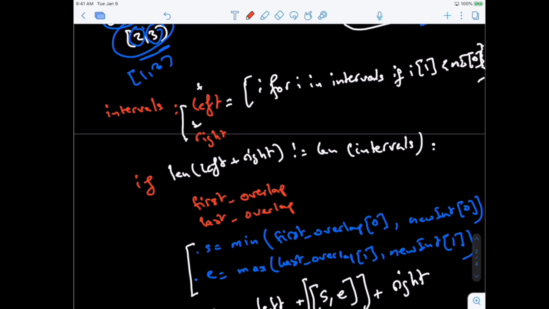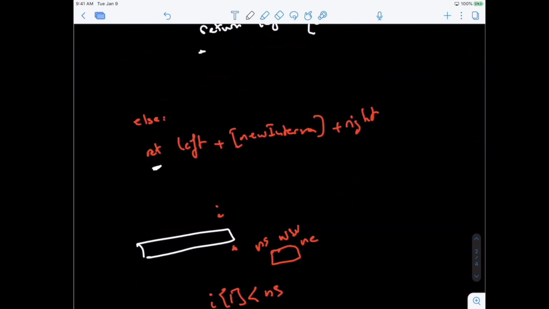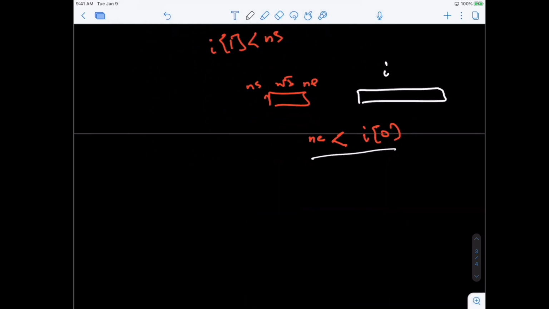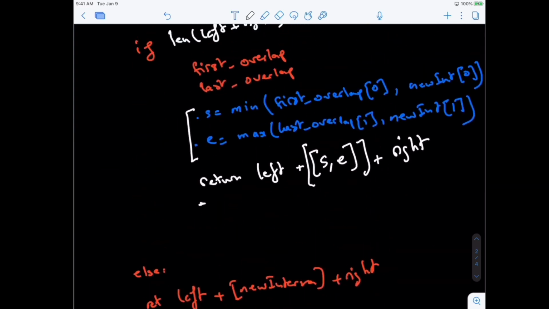And so here, this would be equal to I for I in intervals if the new interval end is smaller than the interval start, right? That's exactly what we have here. So this is the new interval end is smaller than the interval start, and that's what we did here.